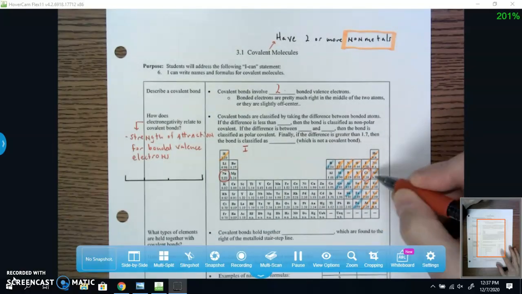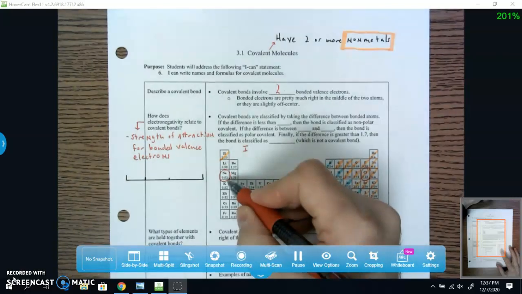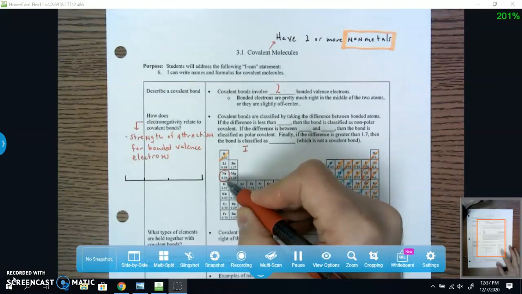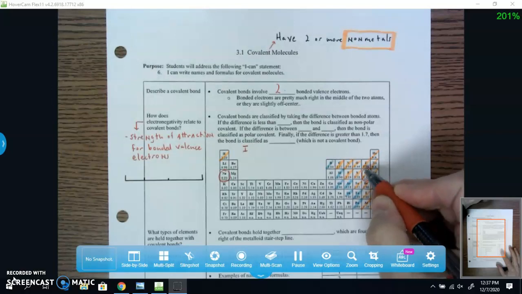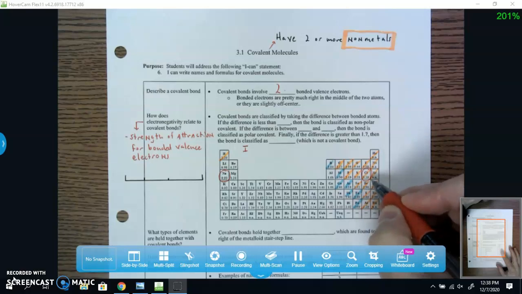Let's say that we're talking about table salt, which is sodium chloride. The chlorine has an electronegativity of 3.16, and the sodium has an electronegativity of 0.93. Because there's such a big difference in electronegativity, the electrons in the bond are going to go much closer to chlorine because chlorine has a higher strength of attraction for those bonded valence electrons.